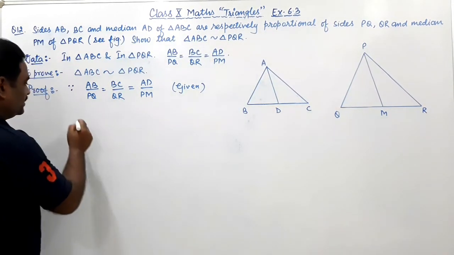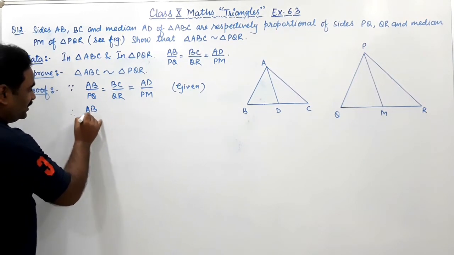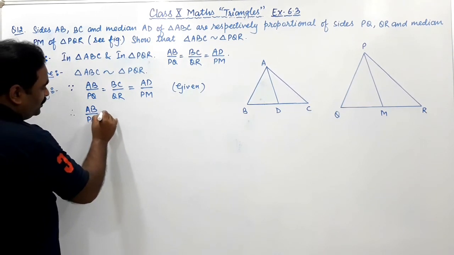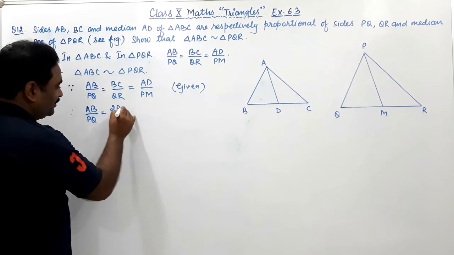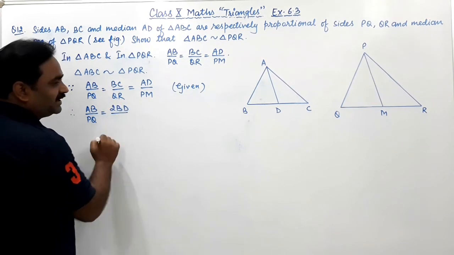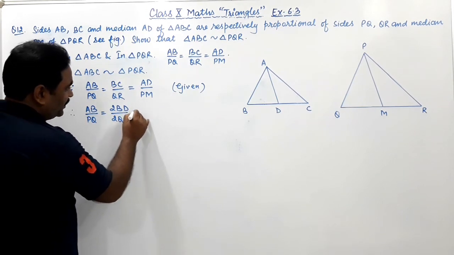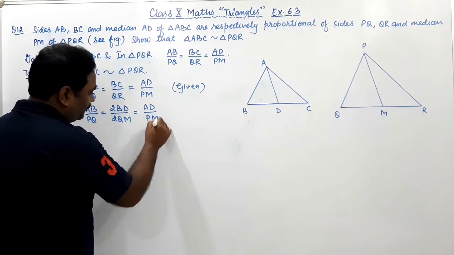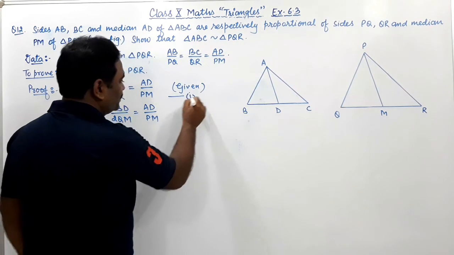Now this BC, therefore, it can be written as AB upon PQ equals BC can be written as 2BD and QR can be written as 2QM. 2QM equals AD upon PM. Right? This thing, the given, you just write it question number 1.